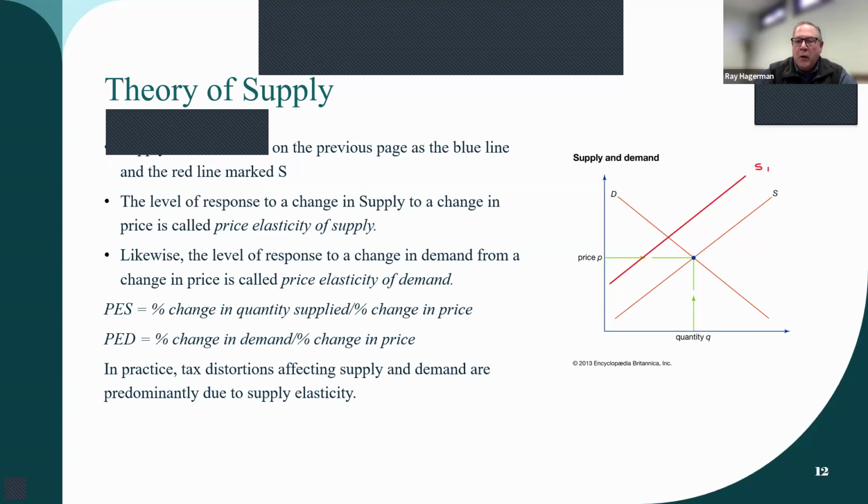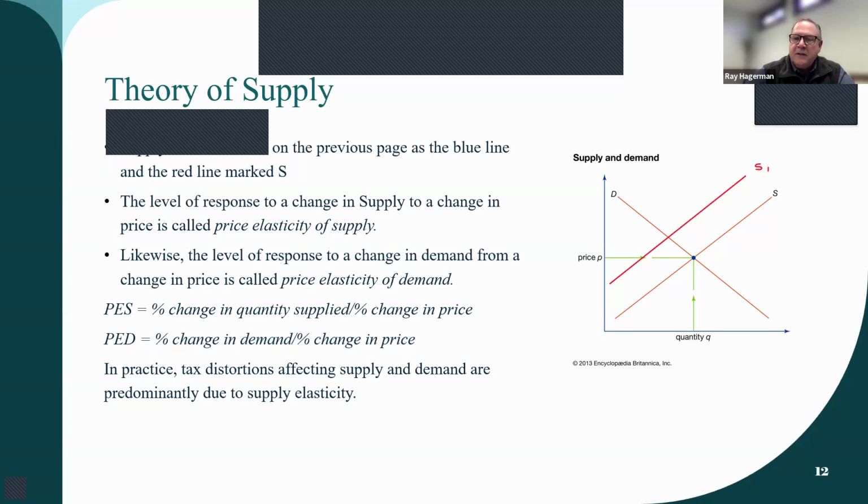If we work our way up and down that supply, as things move up on the y-axis, how much of a percentage increase happens between where the supply line was and where the supply line goes to as a result of that price change.